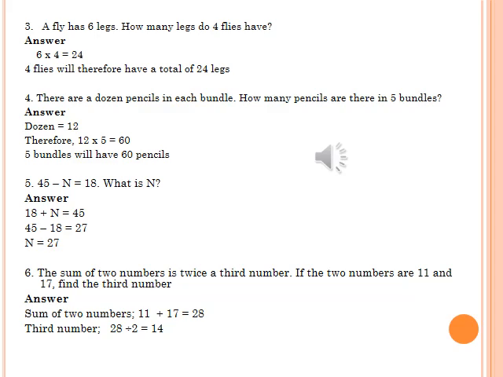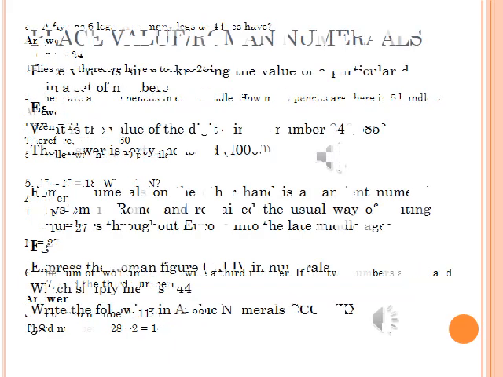The sum of 2 numbers is twice a third number. If the 2 numbers are 11 and 17, find the third number. Answer. Sum of two numbers, 11 and 17, equals 28. To get the third number, you divide 28 by 2, which is equal to 14.